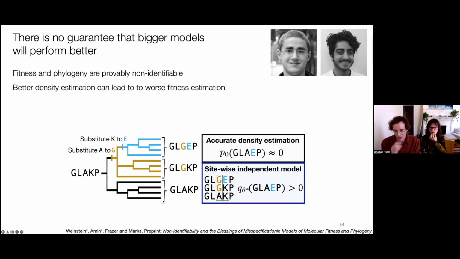And so basically, the takeaway from this is that while going to bigger models is almost certainly going to be beneficial in many ways, and we are working on transformers as well, there's no guarantee that moving to bigger models or simply going after better density estimation is going to be fruitful by itself. It seems like we need to think very carefully about how to combine these sorts of methods with biological knowledge.